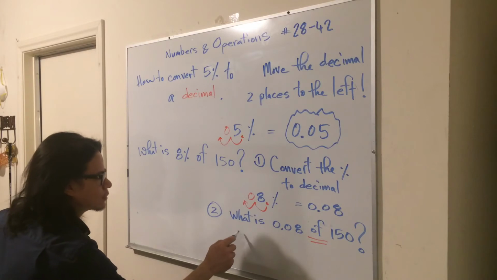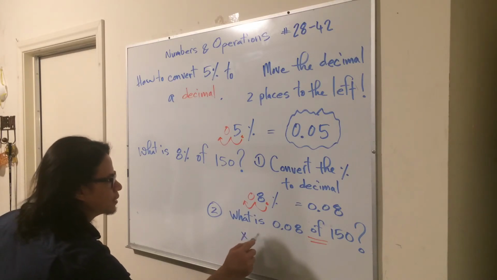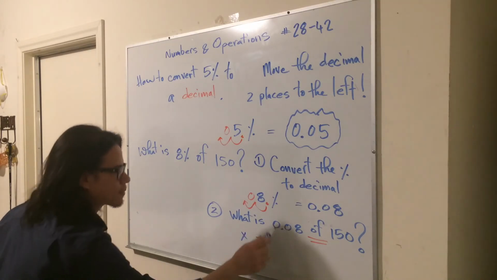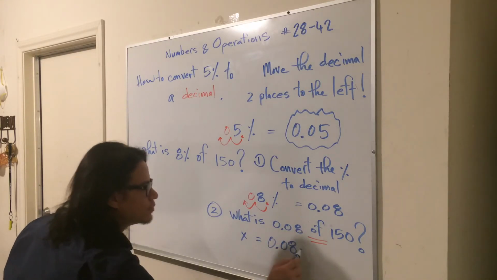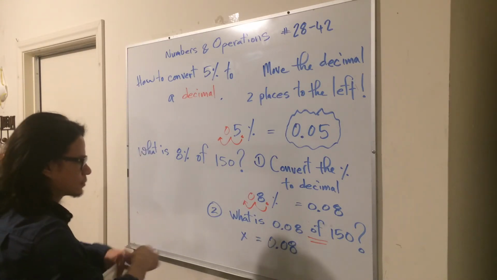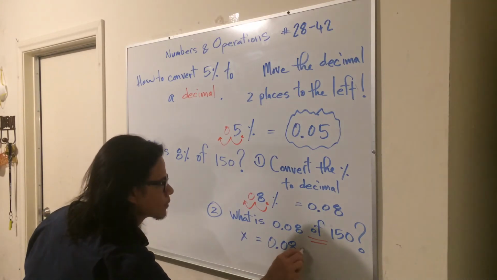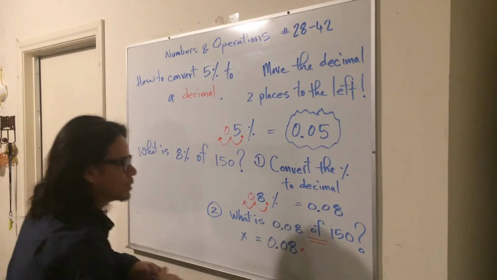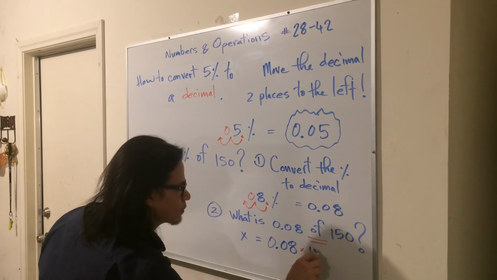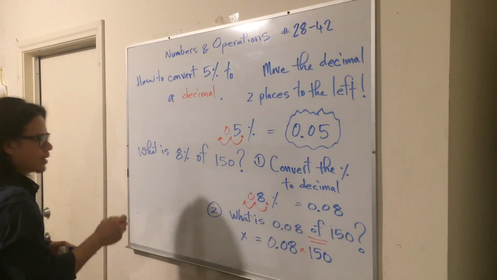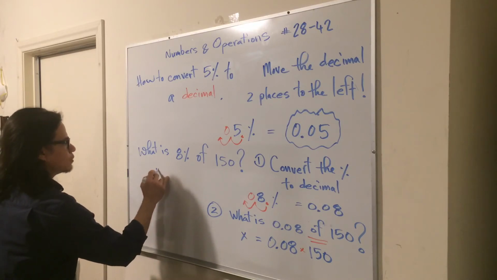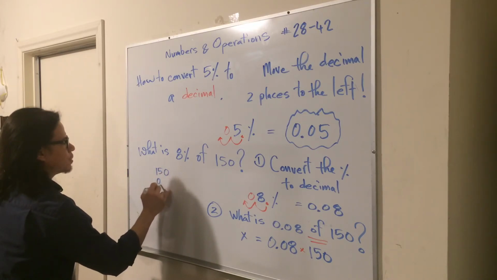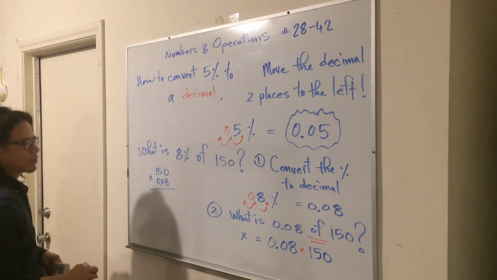What we don't know, let it be x, is equal to 0.08, of is multiply, times 150. I'm going to need a little space here. So take 150 times 0.08. See what we'll get.